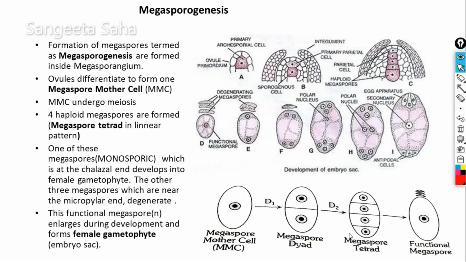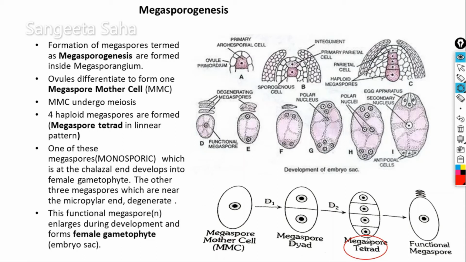This we have already learned when we studied male gametogenesis. In the same way, here also the megaspore mother cell undergoes meiotic division and it results in the formation of a megaspore tetrad.